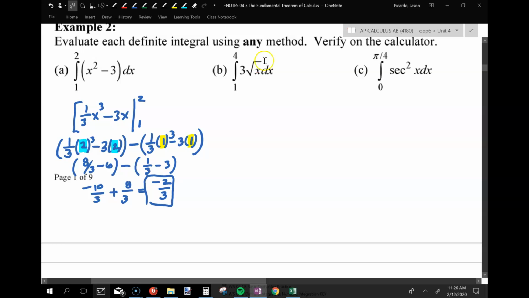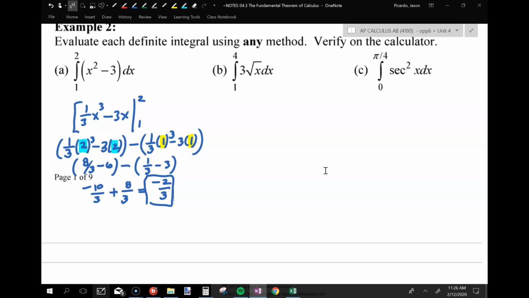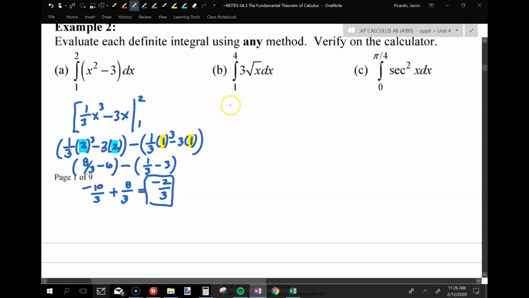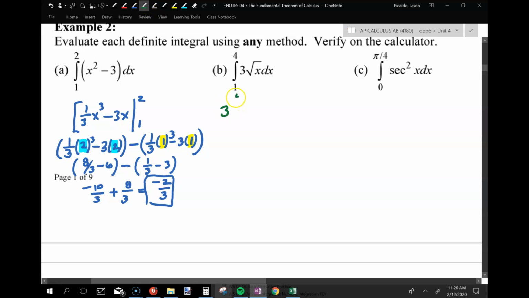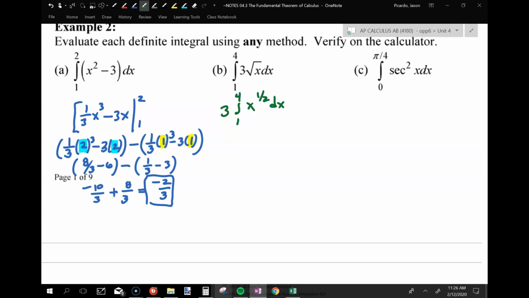All right. What would you want to do here? Give me something to do first. X to the 1/2. What about the 3? Make it in front. Yeah, let's get it in front. And you said x to the 1/2. All right, so this is probably not going to be a real difficult one to deal with.